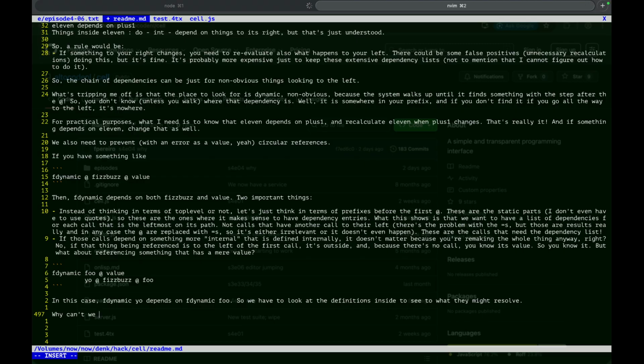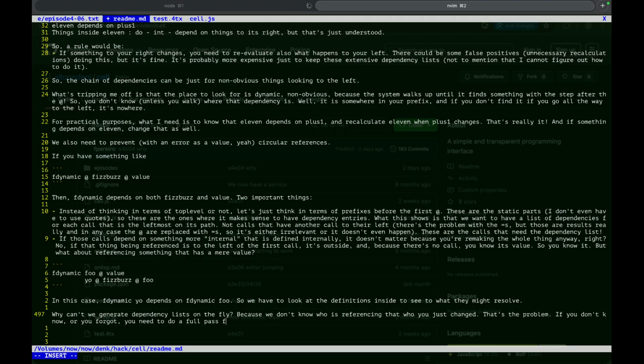Why can't we generate dependency lists on the fly? Because we don't know who is referencing that who you just changed. That's the problem. If you don't know or you forgot, you need to do a full pass from the top.